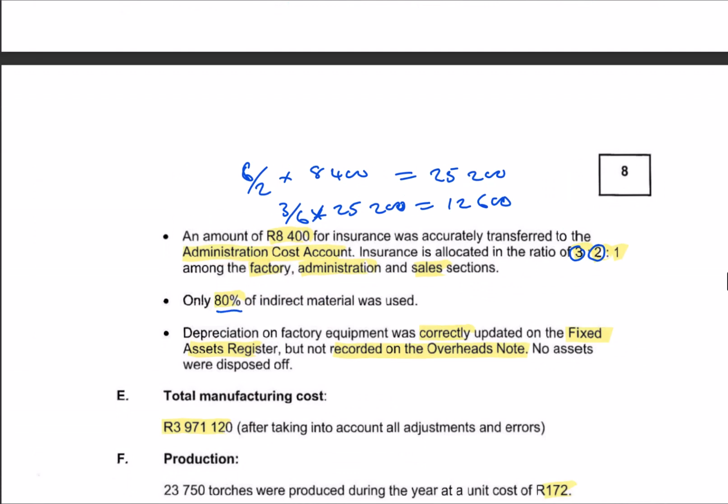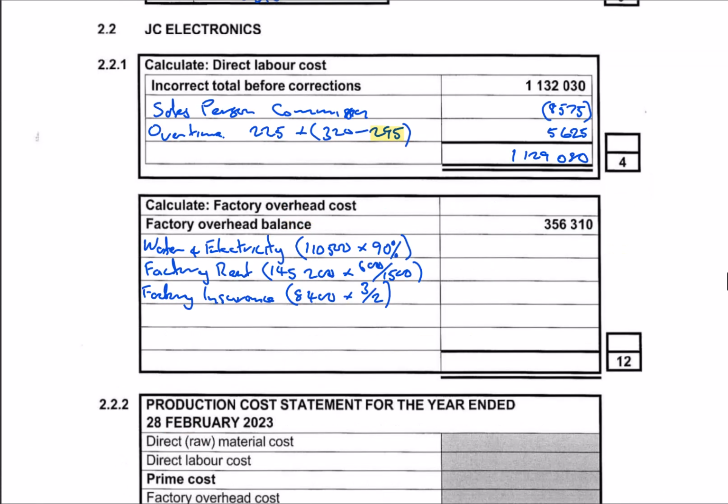So the 80% will be given by indirect material, that will be 11,400, I think, multiplied by 80 over 20.